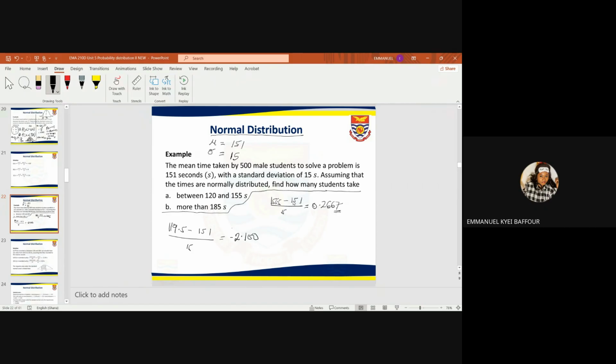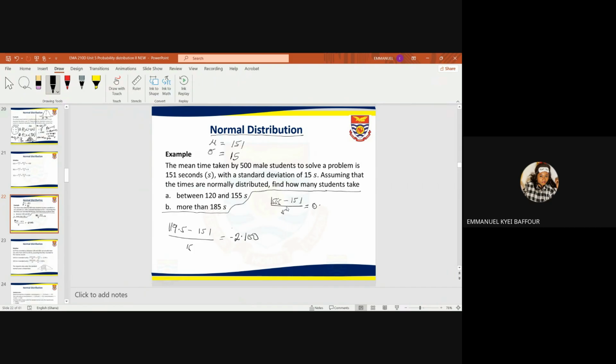So this will give us 155.5 minus 151 divided by 15. So what will you get for this? Is it 155.4 or 155.5? 0.5, okay.